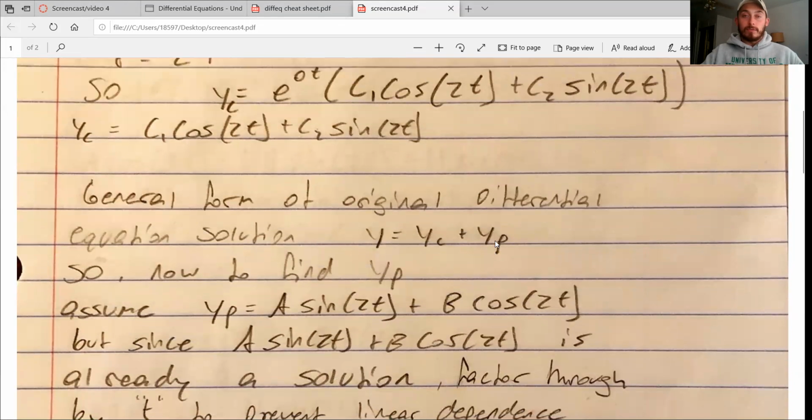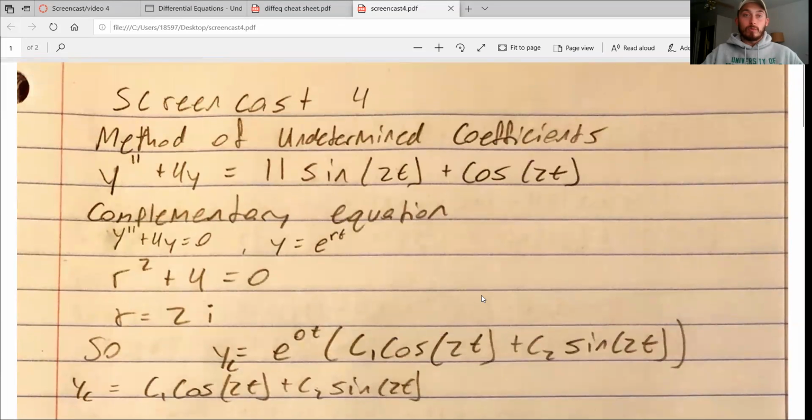So the only thing that's going to be left is the y of p. Well, we assume that whenever that y of p went in, this is what we got out. If that solution went in over here, then this is what came out of it. So it must be some version of this.